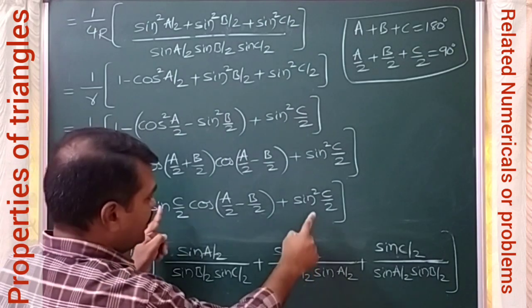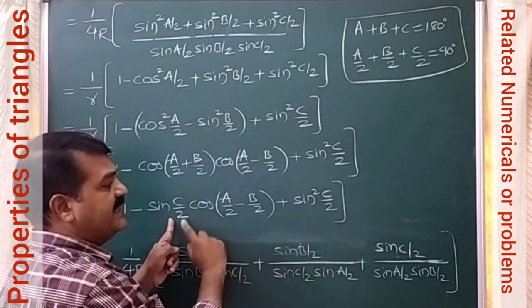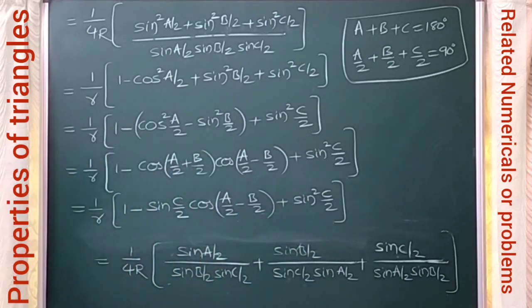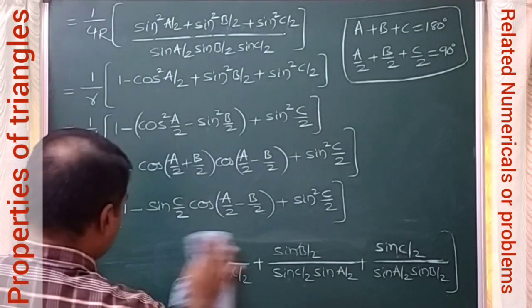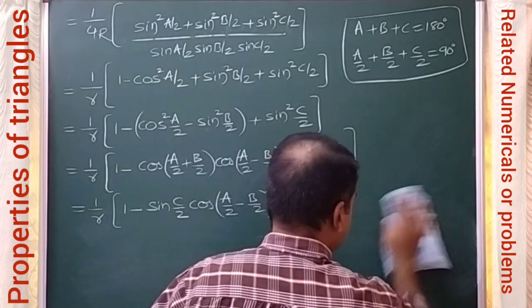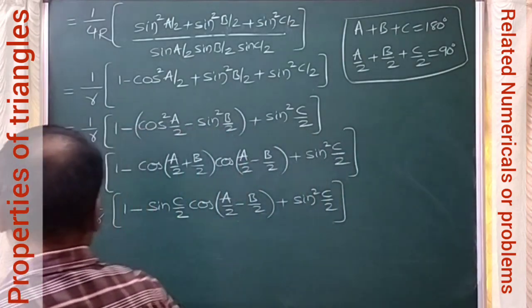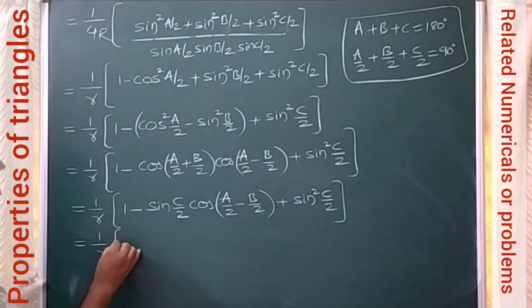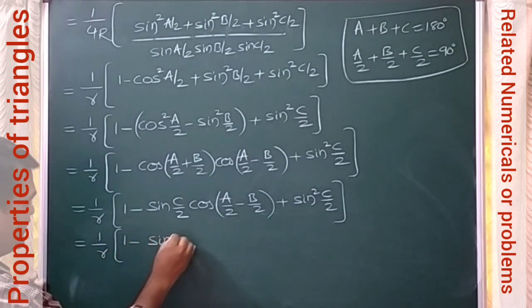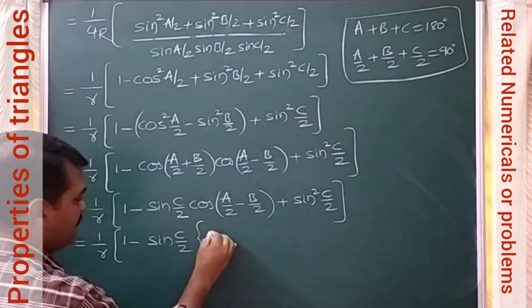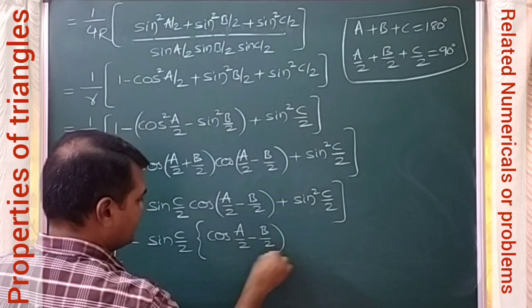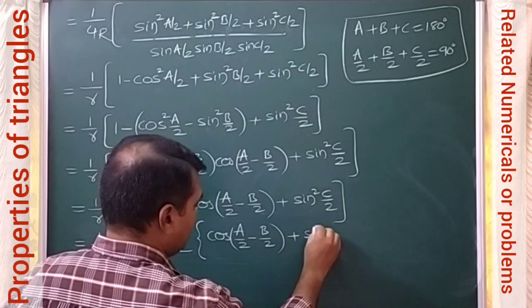Now, in these two terms, clearly sin C/2 is common. So 1 by r, 1 minus sin C/2 common: cos(A/2 minus B/2) plus sin C/2.